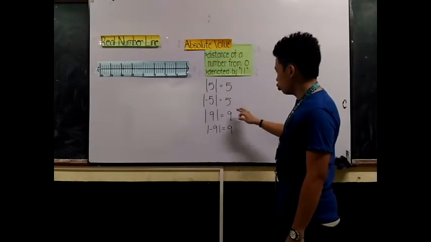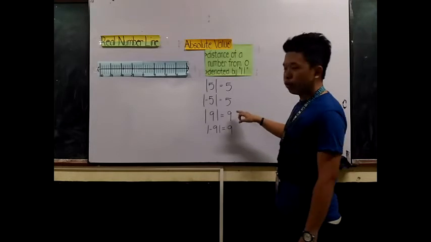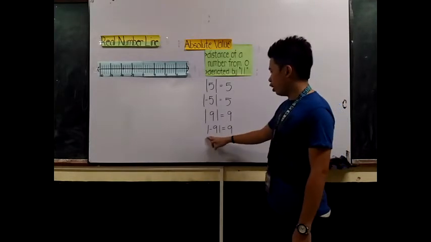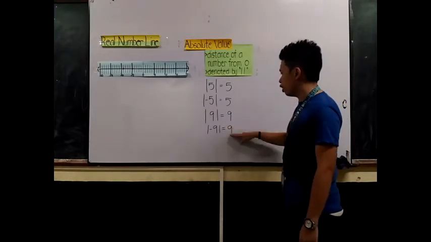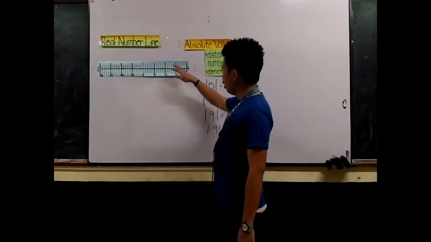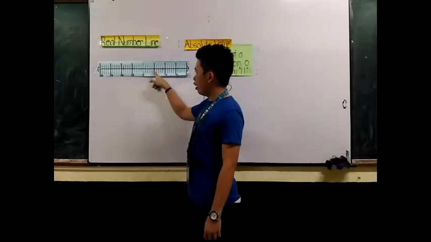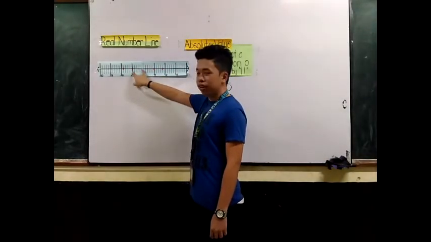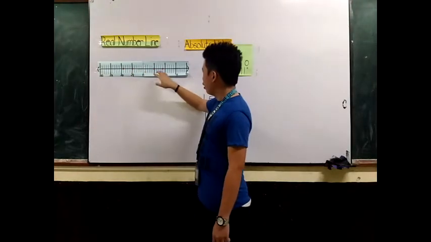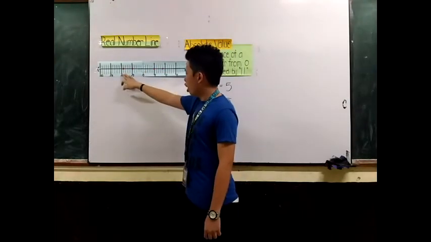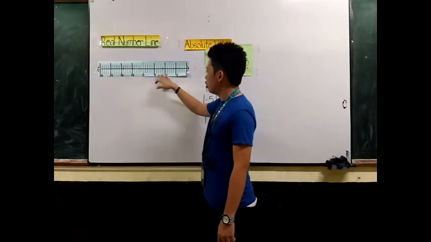The same goes for 9, which has an absolute value of 9, and negative 9, which has an absolute value of 9. So on the number line, 5 and negative 5 are equidistant from 0, and 9 and negative 9 are equidistant from 0.